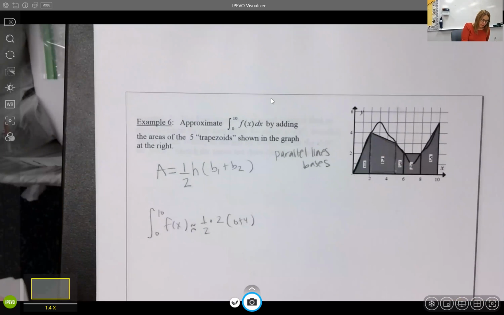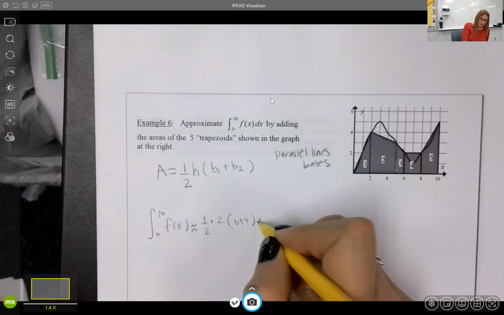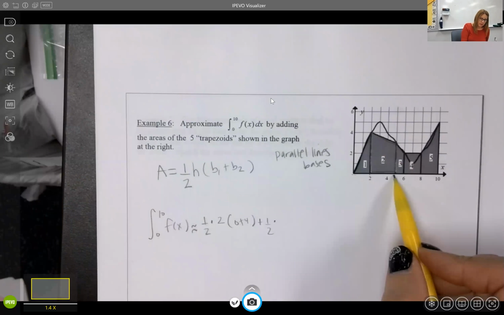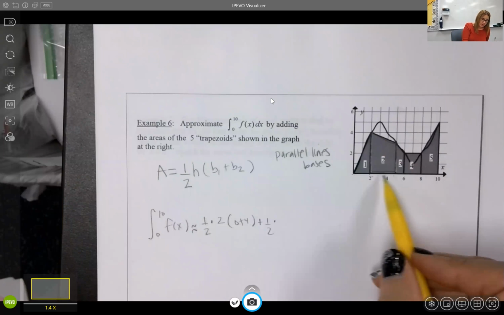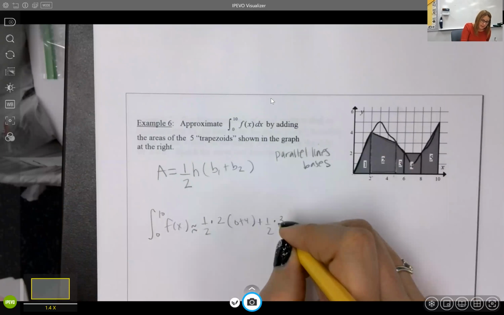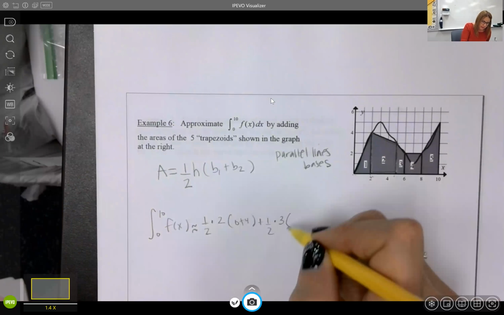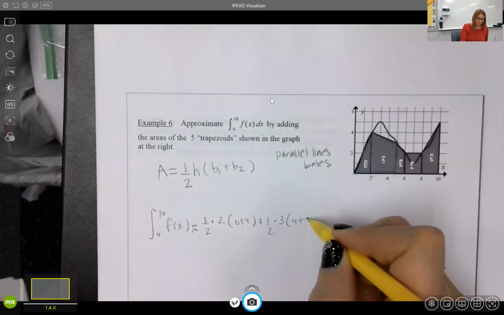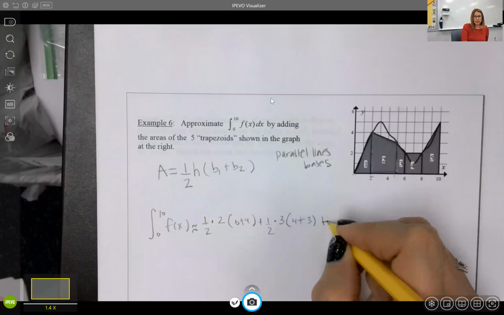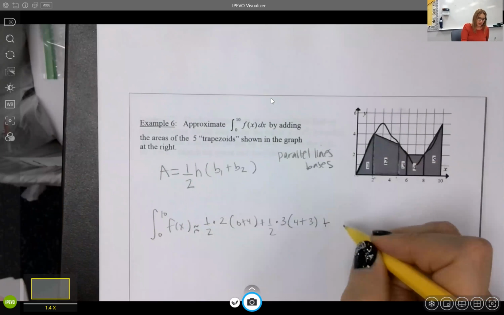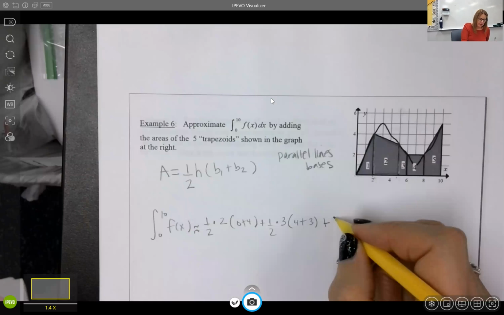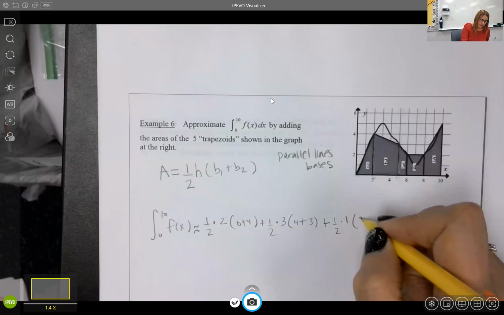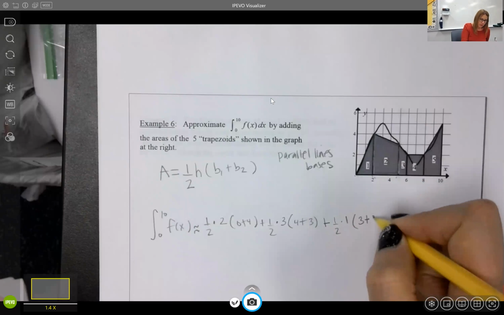Okay, then number 2 is going to be 1/2 times, this one goes from 2 to 5, so this is 3, and then this base is 4, and this base is 3, so 4 plus 3. And then the next one, number 3, is 1/2, this goes from 5 to 6, so times 1, and then our bases are 3 plus 2.